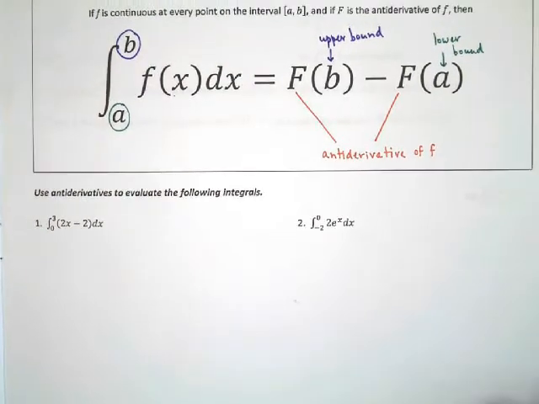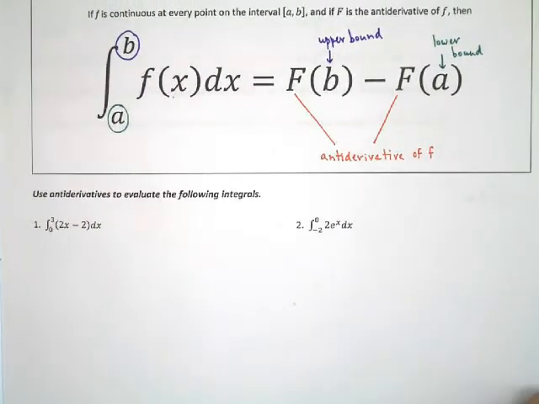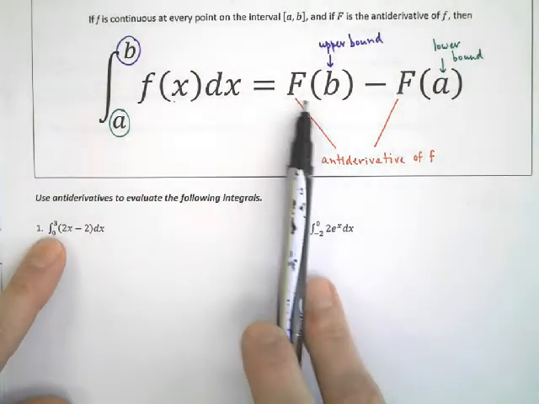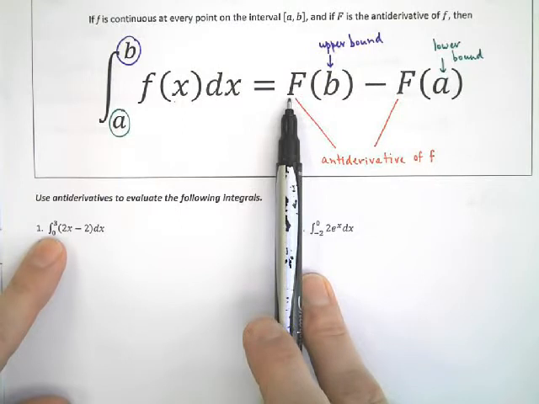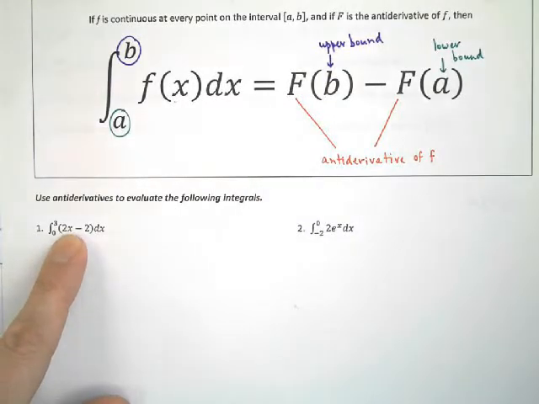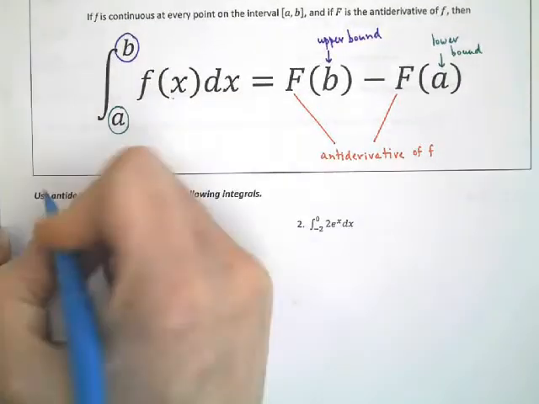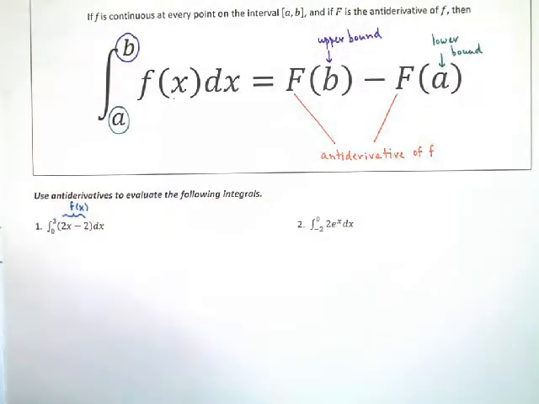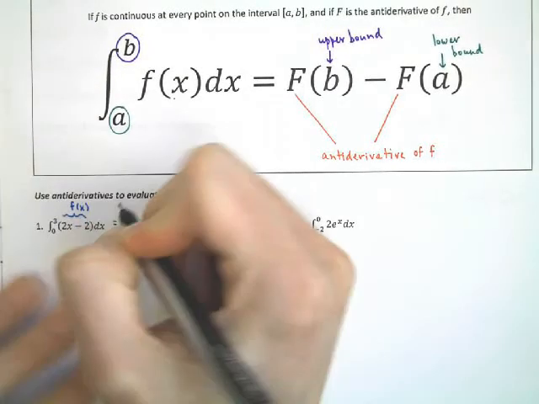So for number one, it says use antiderivatives to evaluate the following integrals. So again, my idea here hinges on the fact that I can find the antiderivative of f. Right? In this case here, this is my function f of x. So I need to find the antiderivative of that. Well, luckily, this is just a nice polynomial function.